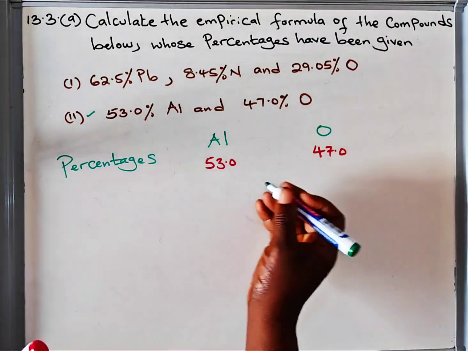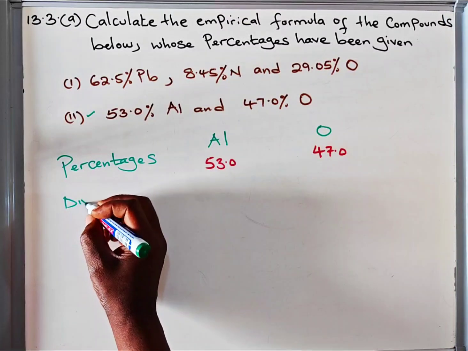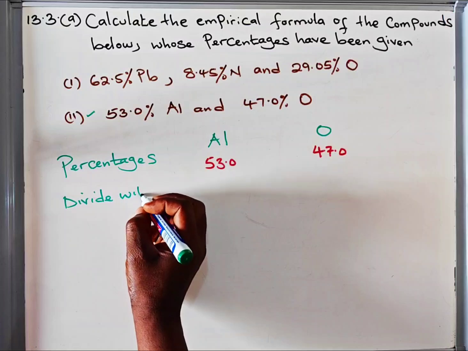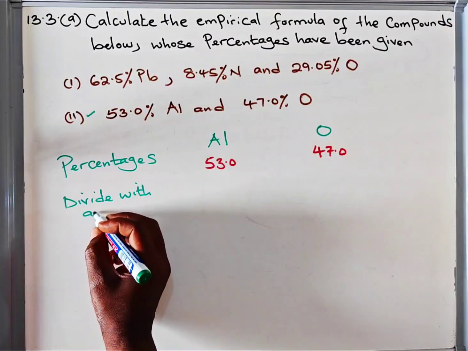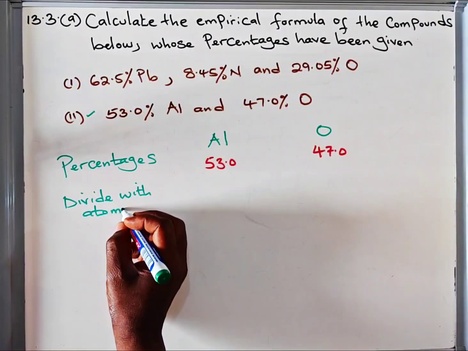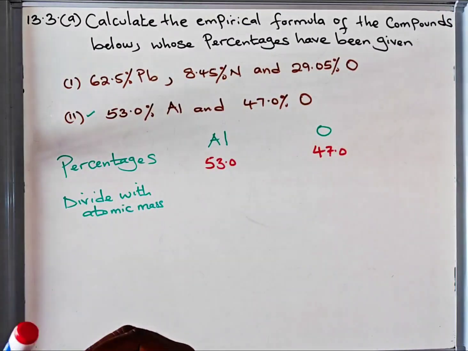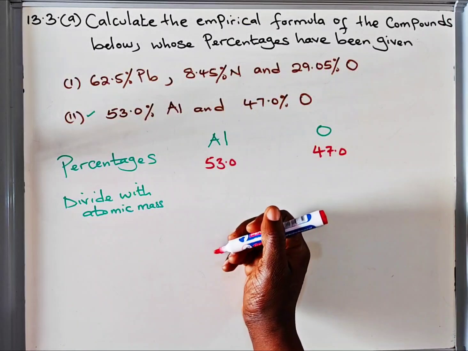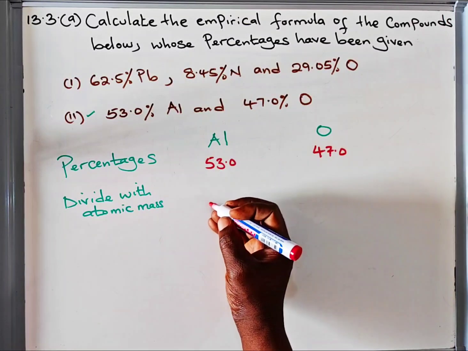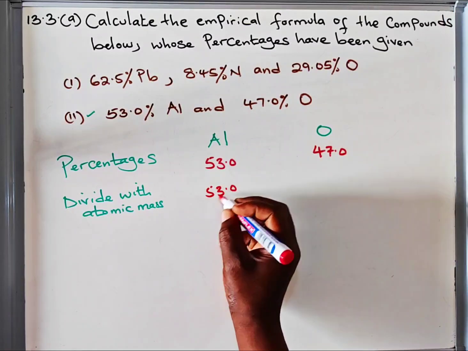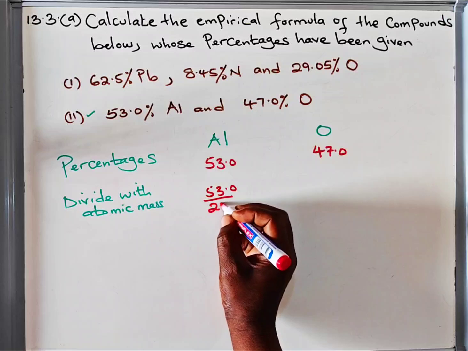Next step, we divide with atomic mass or mass number. And what's the atomic mass number for aluminium? It's 27. So we are going to have 53.0 divided by 27.